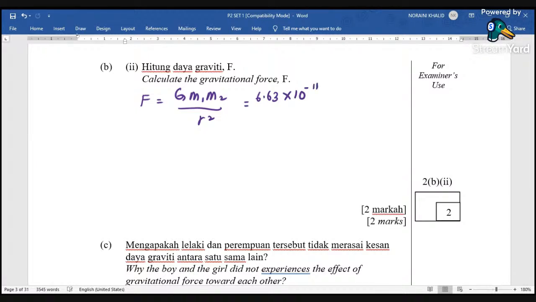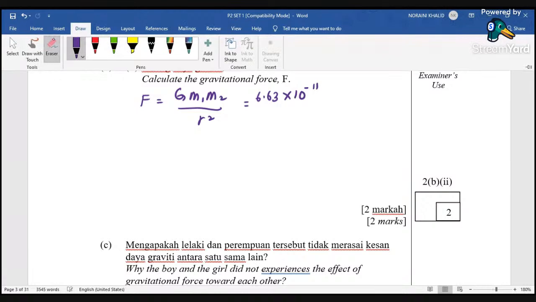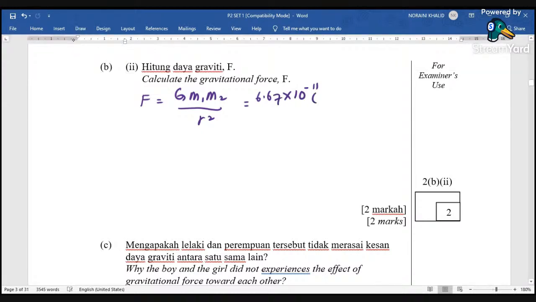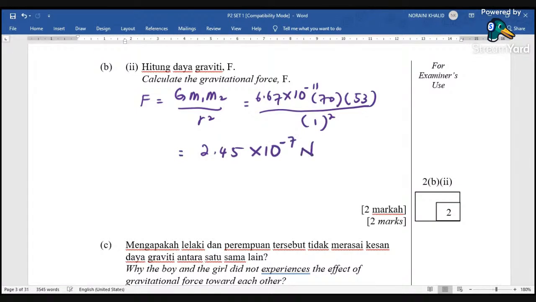You have the mass 70, second object 53, separation distance 1 squared, 1 meter. So we get the answer is 2.45 times 10 power negative 7 Newton. Okay, so this is the force that act between the two persons just now.